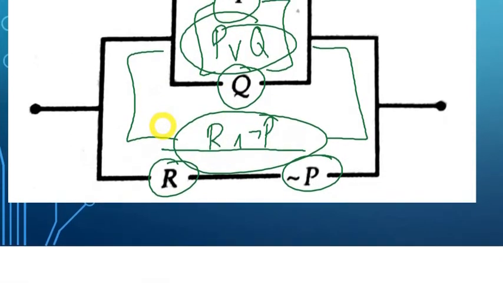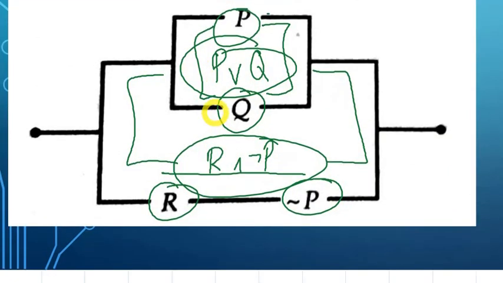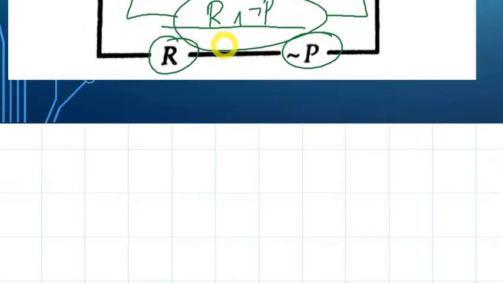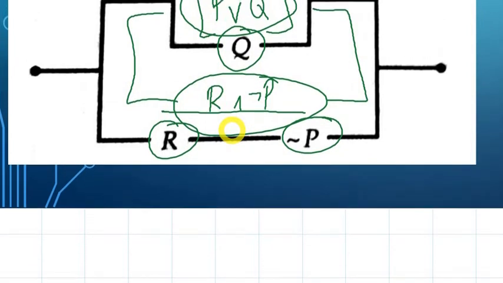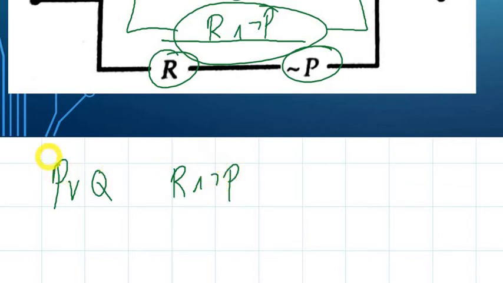So that means these two propositions can be further connected by a parallel. That's P or Q. Let's remember that. So we have P or Q and then R and not P connected by a parallel network. That means we have to connect them by an OR as well.